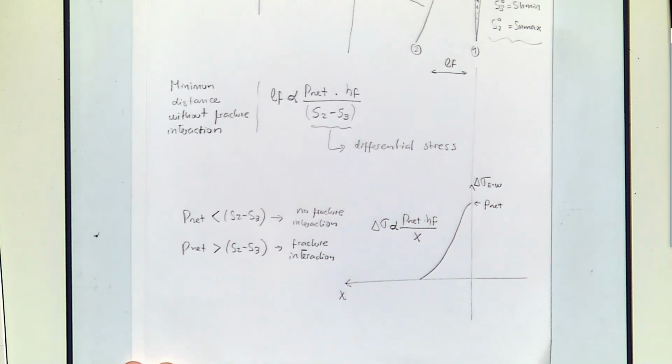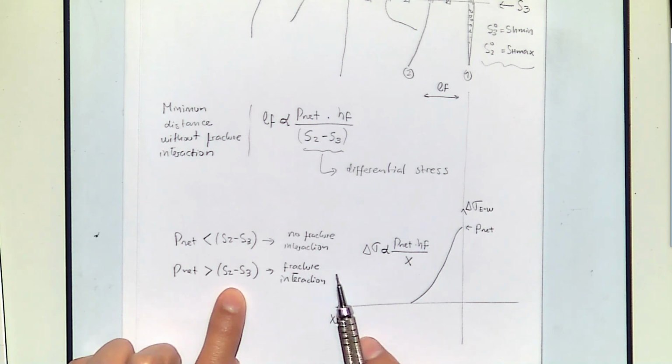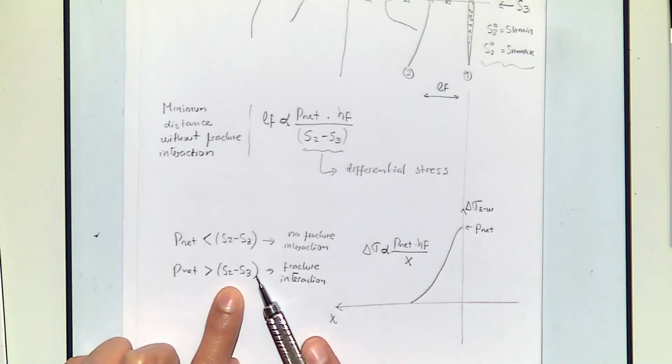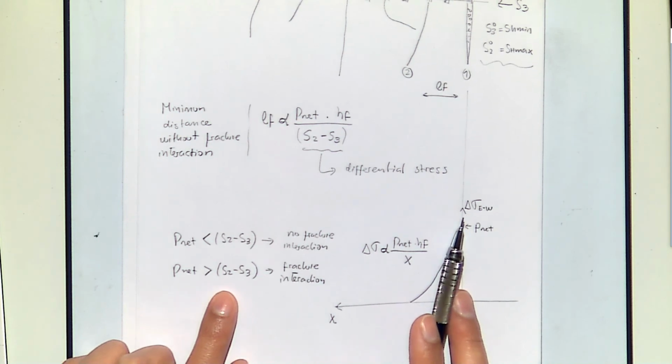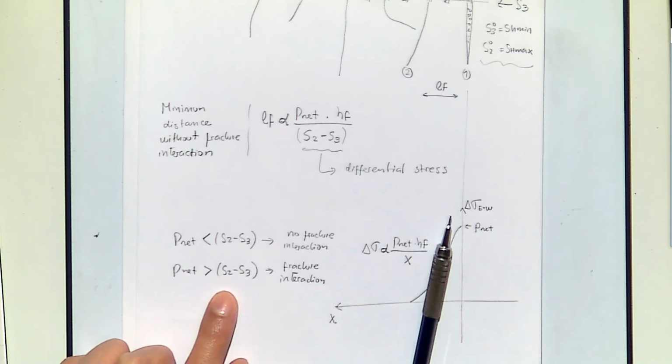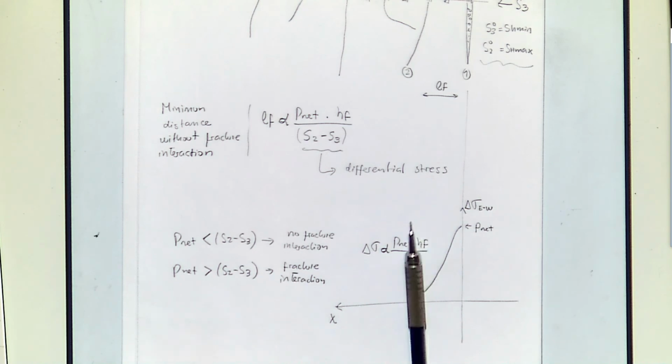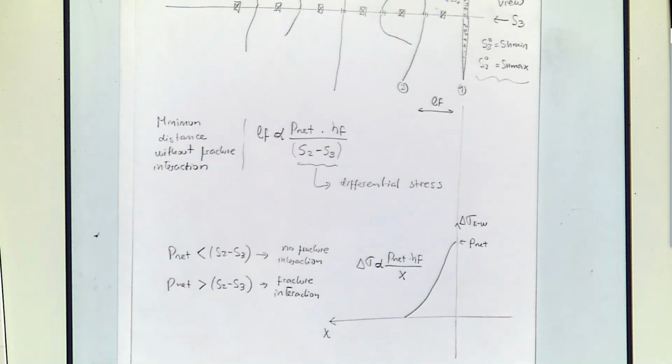And again, the reason is that if you increase your pressure too much, your minimum principal stress is not going to be minimum anymore. It's going to become the intermediate, and the one that was intermediate is going to become the minimum. So at the point at which you switch those stresses, you start to have significant problems of fracture interaction.